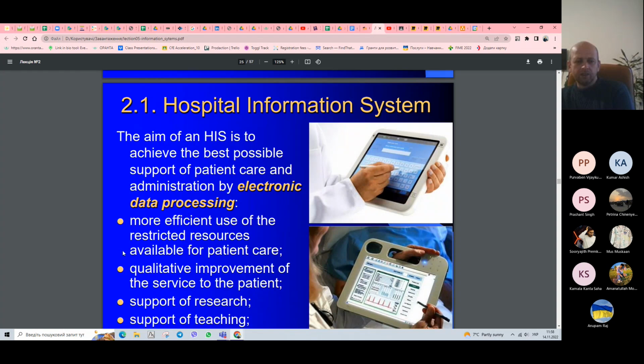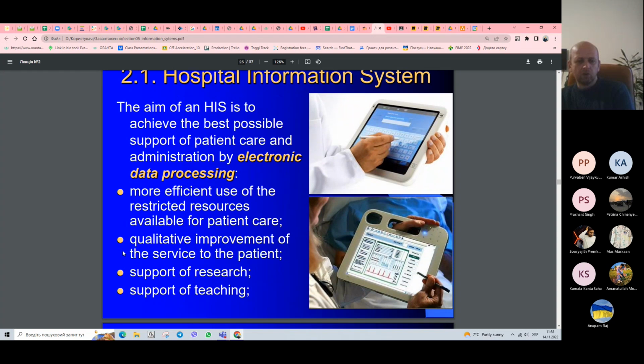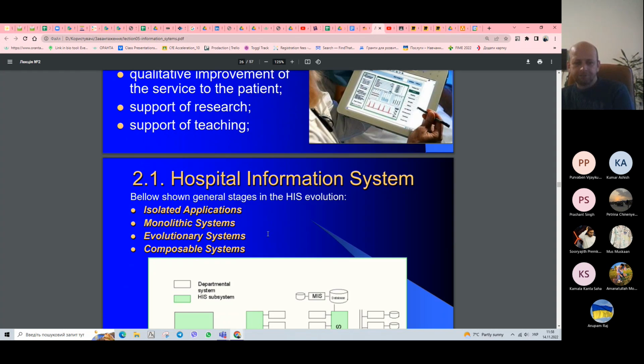More efficient use of the restricted resources available for patient care, qualitative improvement of the service to the patient, support of research, support of teaching. Yes, this can be, but now a lot of other kinds of information are included in the hospital information system.